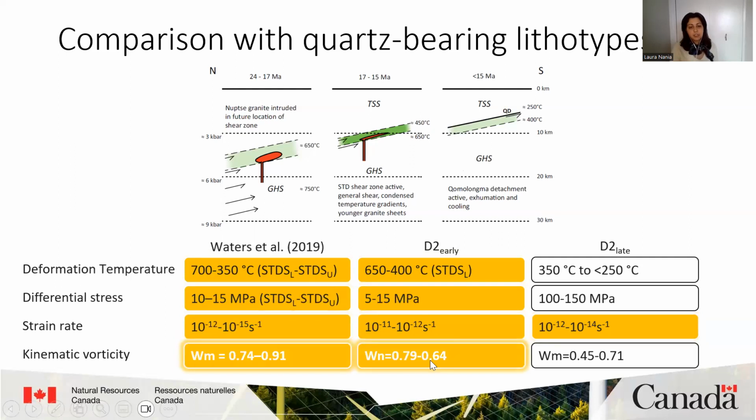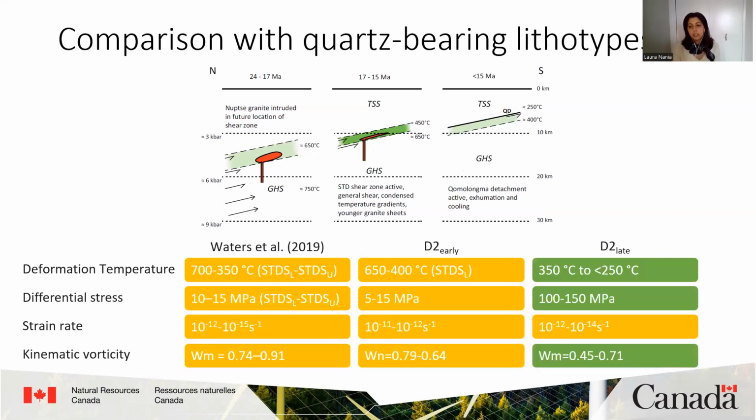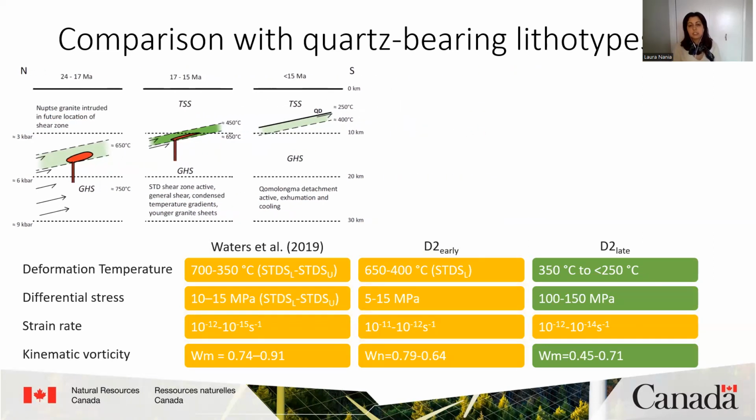And the kinematic vorticity, with some overlaps, from the quartz-bearing rocks is more similar to what we have for the D2 early, so before the decelerating shear path. So these are basically the combination of the literature and what was shown previously in this presentation.